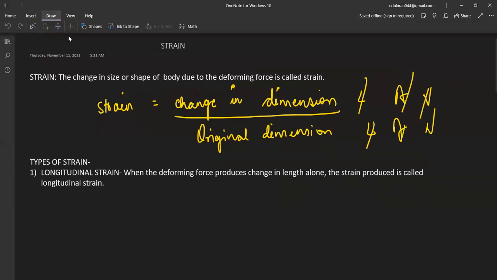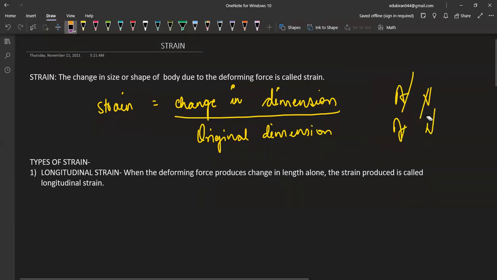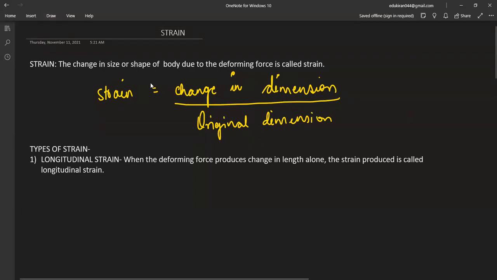So what should be the unit of strain? It's unitless. Very good. No SI unit exists. It's unitless and dimensionless.